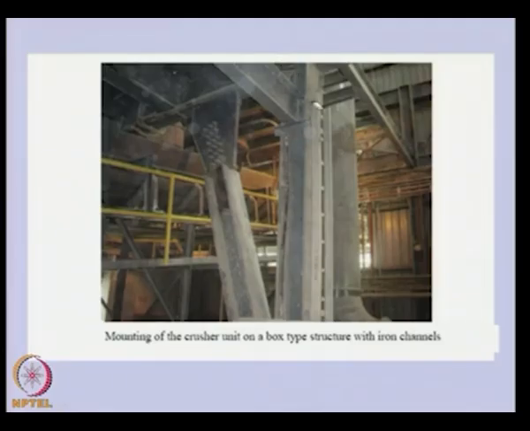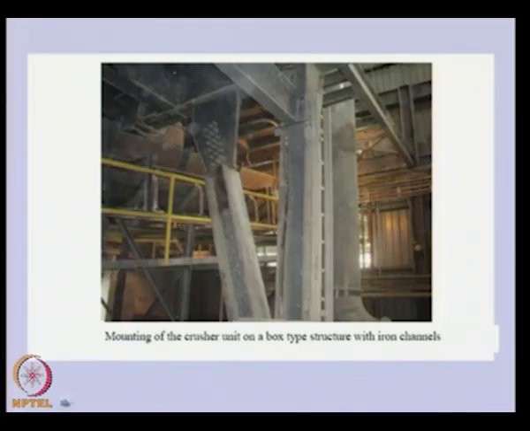Order of vibration was very large, and because of that, even in the columns they had cracks, and the machine was in a very bad condition, and they did not know what the actual cause of such vibration was.